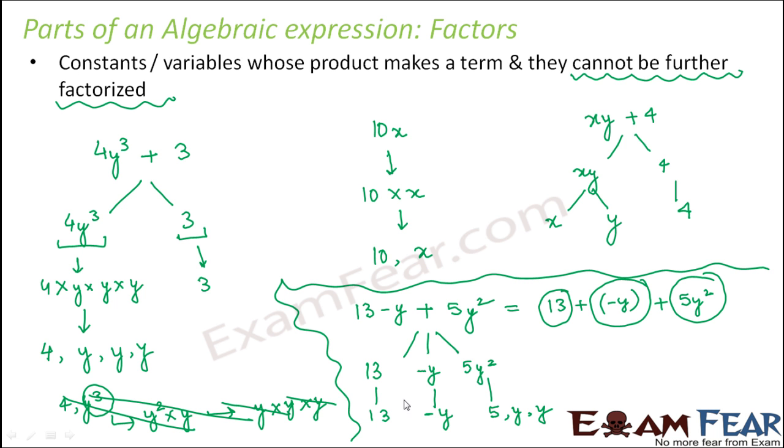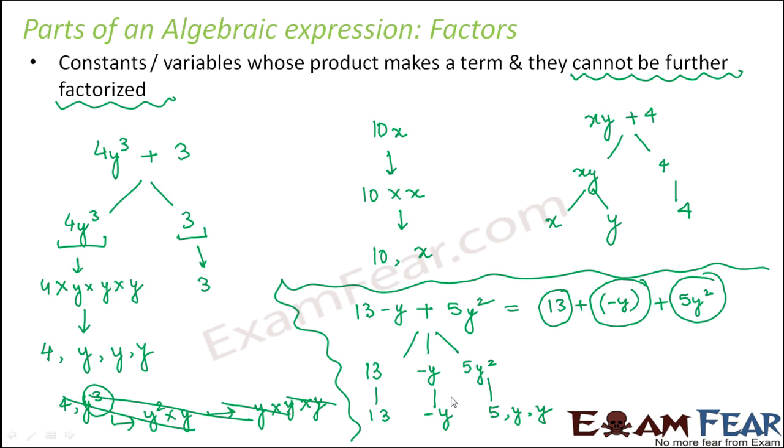If you closely observe, every term will have 1 as a factor, because 13 can be written as 13 into 1, and minus y would be minus y into 1. For 5y squared, it is 5y squared into 1. Since 1 is always a common factor, it is not considered as a separate factor.